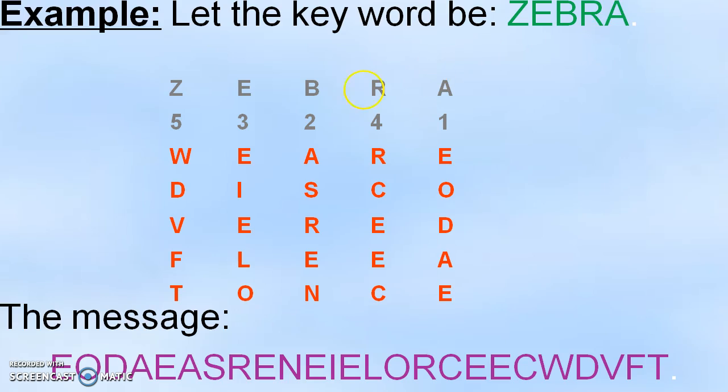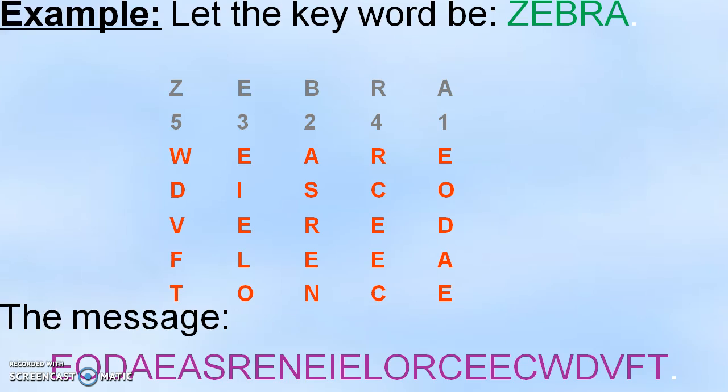So again you have to write the rows with a maximum of 5 characters. Your plain text has to be written in different rows, and each row should contain 5 characters since your keyword contains 5 letters. Now what you have to do is write the ciphertext. The ciphertext is obtained by reading it out column by column.